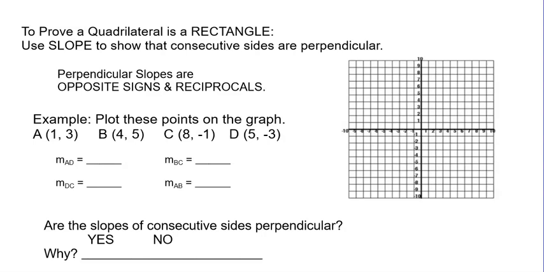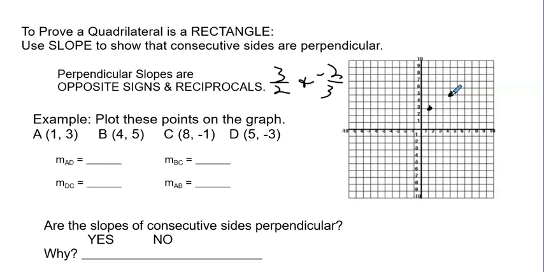Now, to prove a quadrilateral is a rectangle, use the slope to show that consecutive sides are perpendicular. So that means opposite sides and reciprocal. That means flip the fraction. So remember, that would be like 3 over 2 and negative 2 over 3, for example. So let's put these on our graph. So A is at 1, 3. B is at 4, 5.